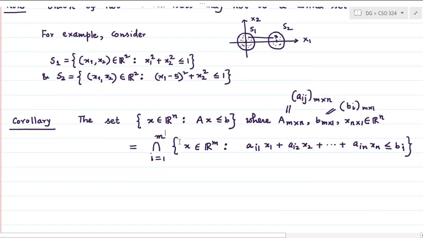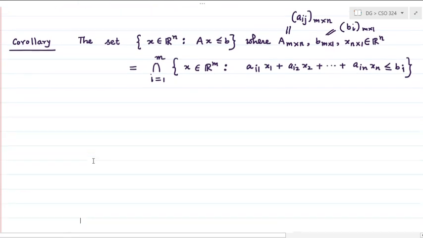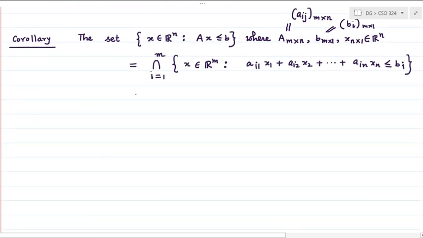So the intersection of finitely many convex sets is convex, and therefore this set is the intersection of m convex sets, and those convex sets are just half spaces. Fine. And this is a convex set.